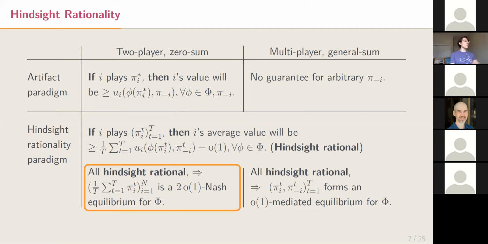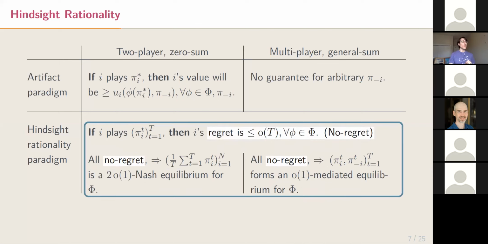But now some of you may have noticed that these technical results actually aren't new at all. They're actually the basis of online learning. Everywhere we talk about hindsight rationality, we could say no regret. So if a player plays the sequence of strategies generated by a good learner, then their regret has to be sublinear for all deviations in your set phi, and this is called the no regret property.